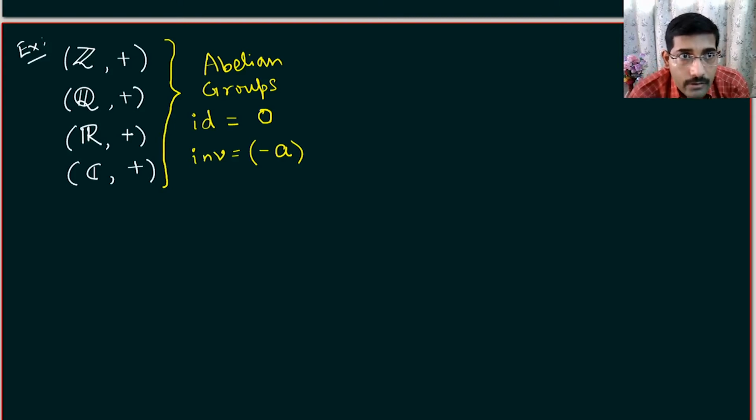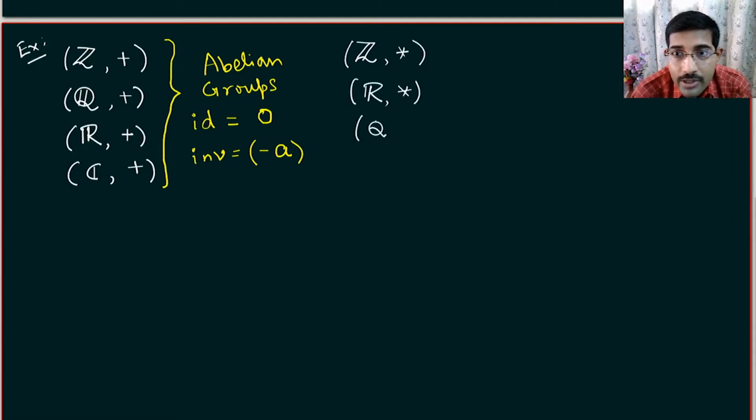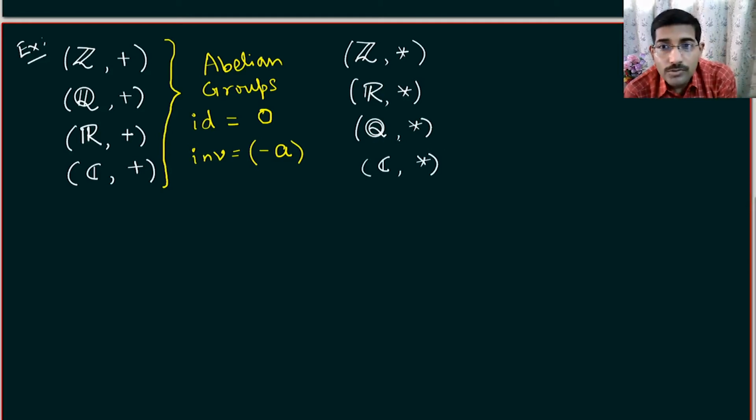Now if you tweak this operation slightly, then Z with multiplication, R with multiplication, Q with multiplication, and C, the set of complex numbers with multiplication, are not groups.